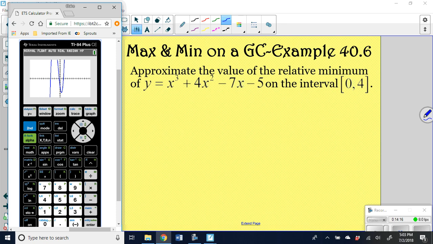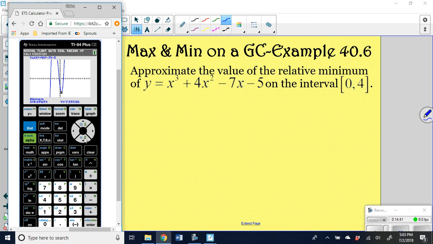So again, we're going to go second trace, and we're going to pick minimum because it said find the minimum. So if you want to use your arrows, you can, or you can just do left bound of 0 and a right bound of 4. And I don't have to do a guess because there's only 1 in between there. But if you do, guess that you should get it close, kind of close to here.